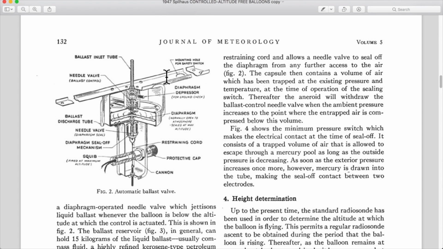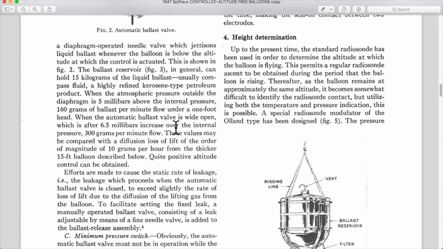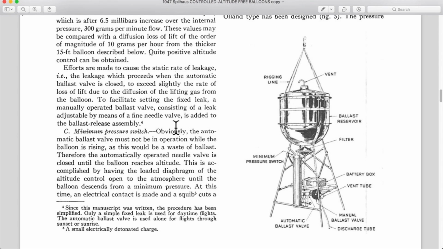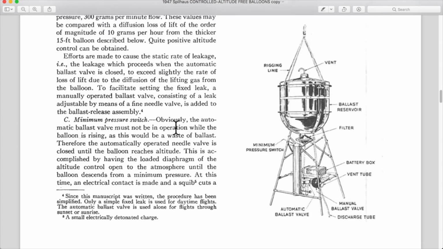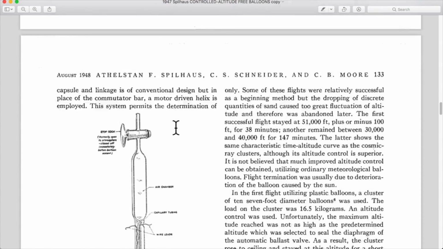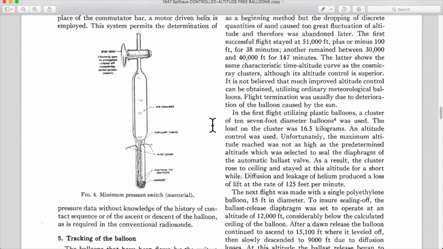I like these old technical line drawings. Also, another cool line drawing. And here's another one. A mercury pressure switch.